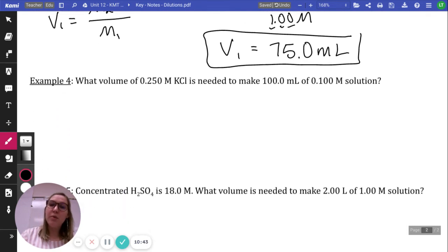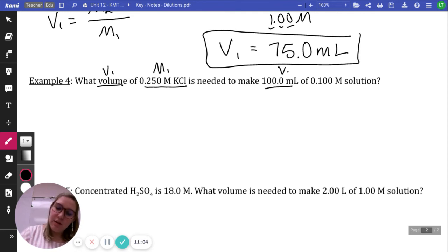All right, I'm going to solve one more with you and then leave you guys to do the last two on your own. So it says, what volume of 0.25 molar KCl is needed to make 100 milliliters of 0.1 molar solution? So once again, looking for V1, have my M1. This is going to be V2, and this will be M2.